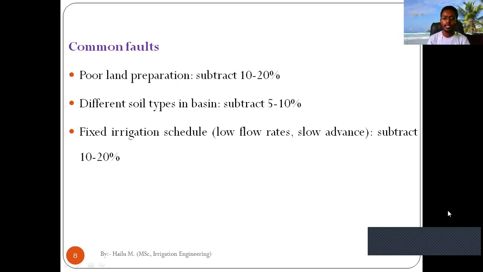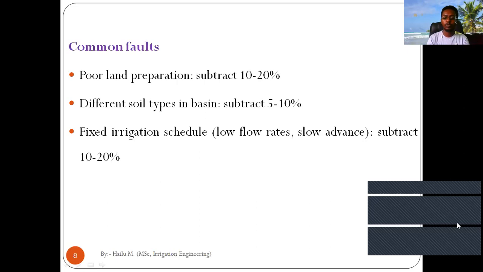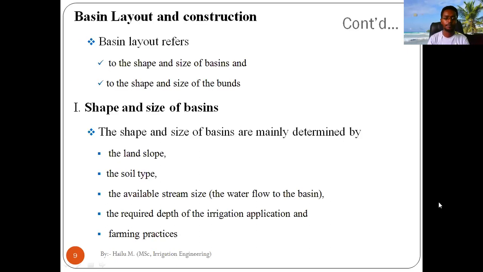Poor land preparation will reduce it by about 10 to 20%. If the choice of soil type is not proper or does not fit the conditions, there will be a reduction of about 5 to 10%. And a fixed irrigation schedule will reduce our performance by 10 to 20%.